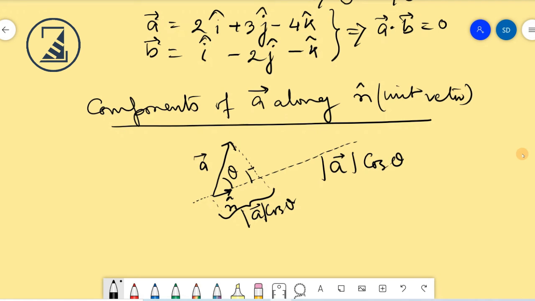Now this can also be written as magnitude of a times magnitude of n cap, because this is anyway 1, multiplied by cos theta, which is nothing but the dot product between a vector and n cap. So a vector dot n cap. If we want to find the component of a vector along a particular direction, we dot the unit vector along that direction with that vector.